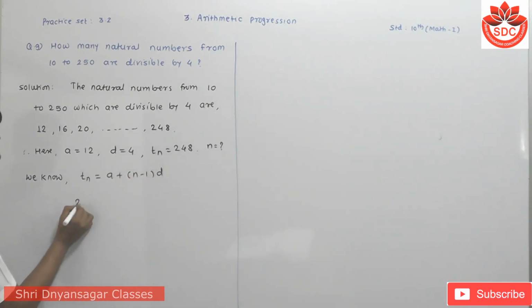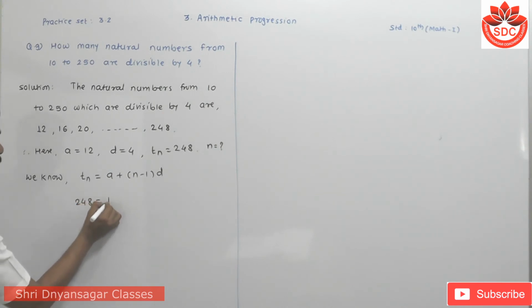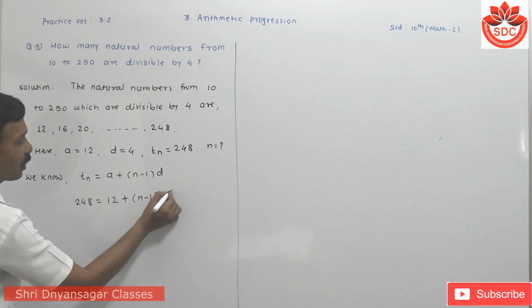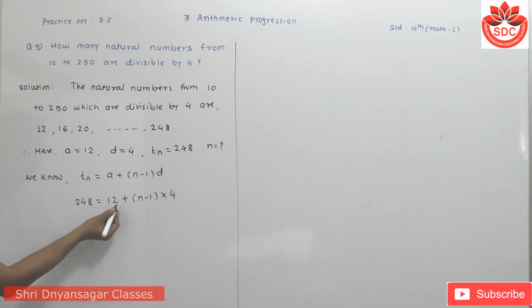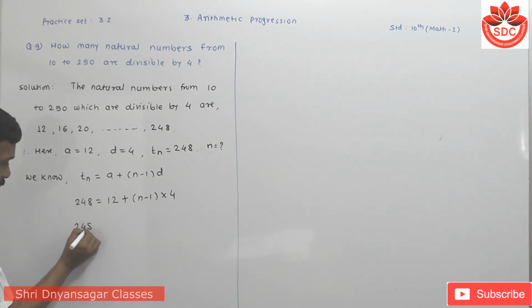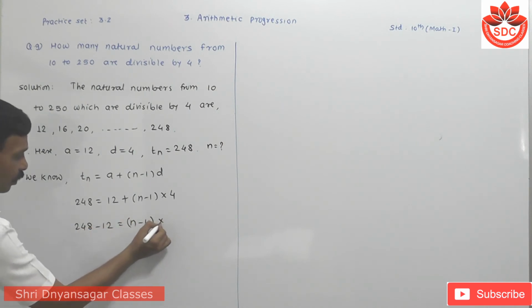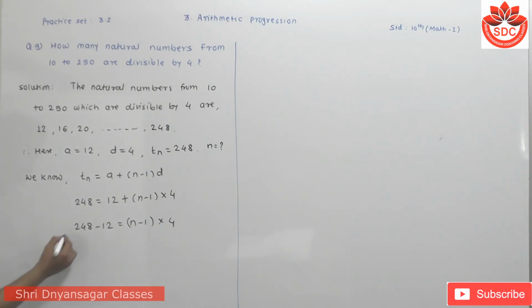Substitute here: 248 is equal to 12 plus n minus 1 into 4. Transpose, 12 becomes minus, is equal to n minus 1 into 4. Subtraction becomes 236.